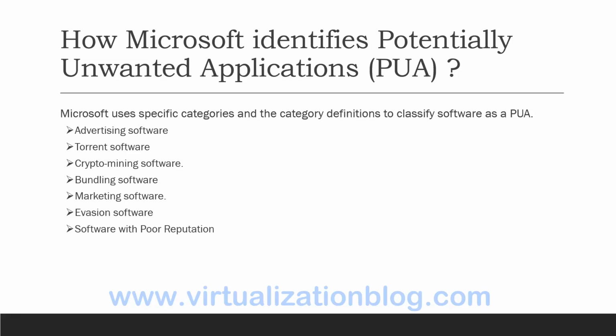It can be bundling software that offers users to install other software, or marketing software that keeps monitoring and transmitting the activities of users to applications or services for marketing and research purposes. Or it can be software that actively tries to evade detection by security products. It can be software which has a poor industry reputation.